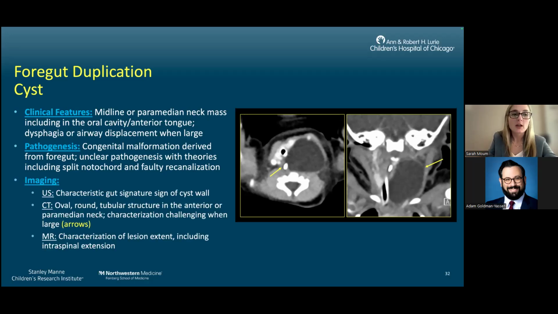On imaging, ultrasound can be helpful for picking up the characteristic gut signature of the cyst wall. On CT, oftentimes we see a nonspecific cystic structure. They may be oval, round, or tubular in morphology within the anterior paramedian neck. And admittedly, like the case I'm showing here at screen right, when these lesions are large, it's hard to know where they're coming from and what they're involving.